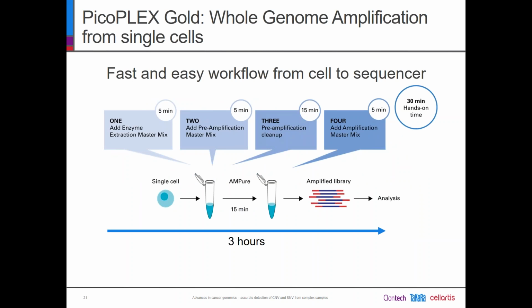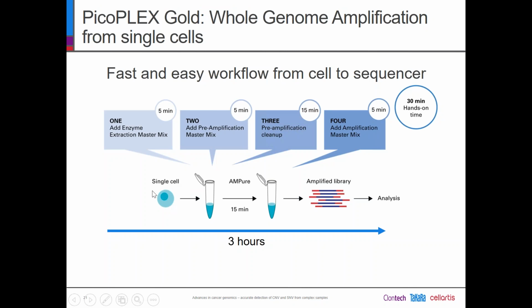Looking at the workflow, this is something that you have already seen in the previous slides, and you may be familiar with it now. This is the fast and easy workflow of PicoPLEX Gold. We only have 4 steps, and 30 minutes, sorry, of hands-on time. So this is not so much work, I have to say.